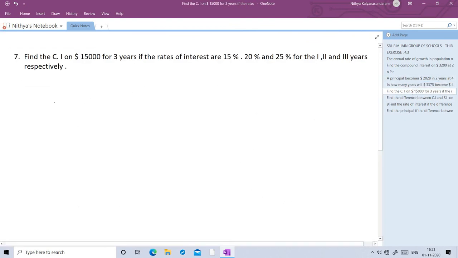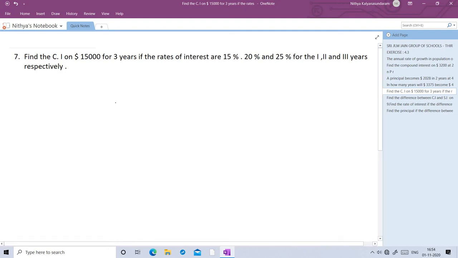Next question: find the compound interest on 15,000 for 3 years. The rates of interest are 15%, 20% and 25% for 1, 2 and 3 years respectively. So the rate of interest is given as 15% for the 1st year, 20% for the 2nd year and 25% for the 3rd year. Here we want to find the compound interest.